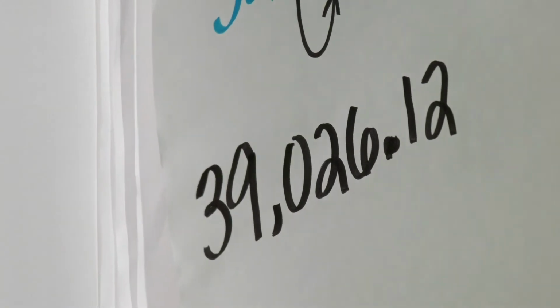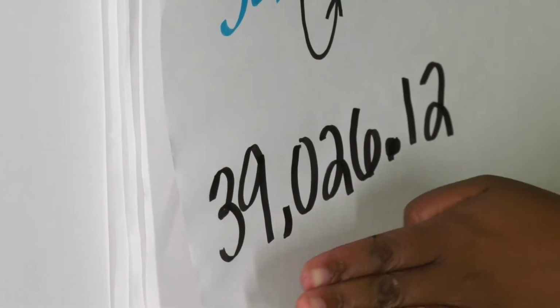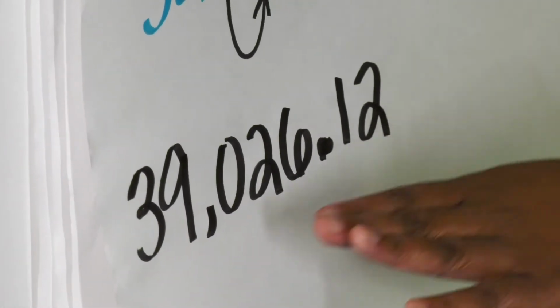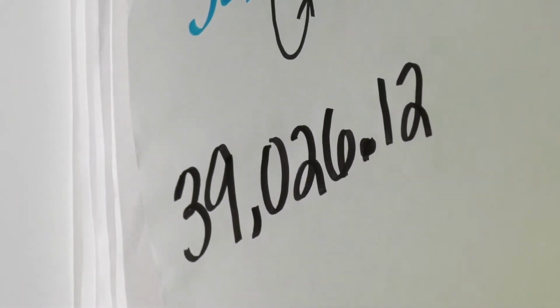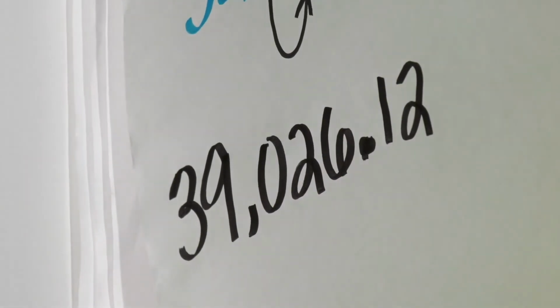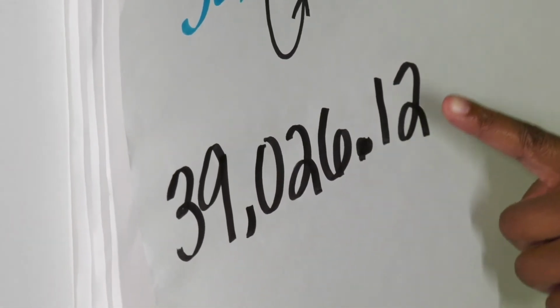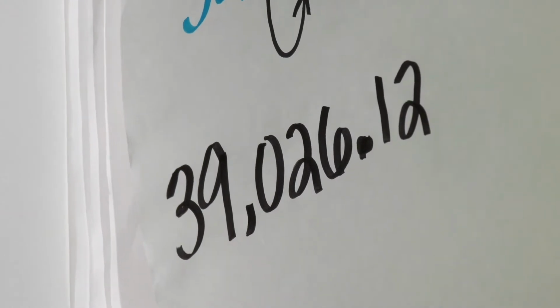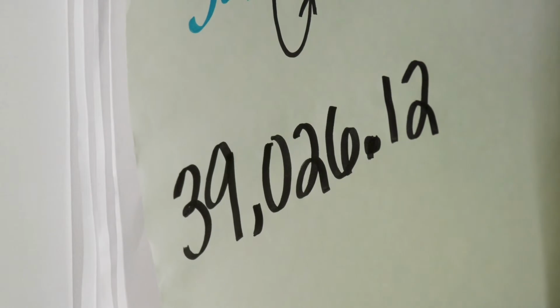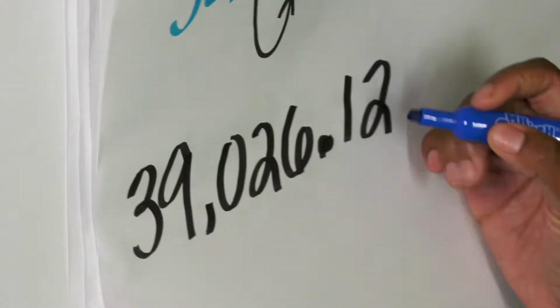So now you'll notice we're putting together what you previously learned in 3rd and 4th grade plus what you're learning in 5th grade. 39,026 and 12 hundredths. So the value that I want to underline here is the 2.